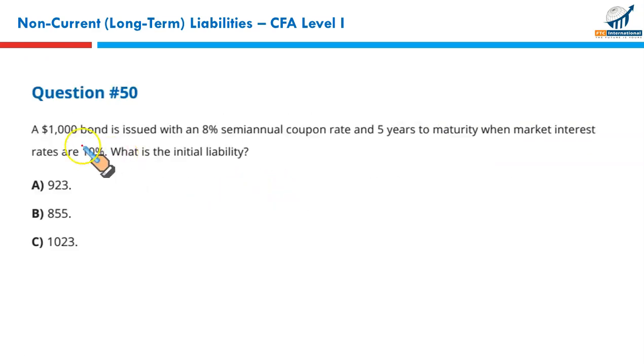Next. A $1,000 bond is issued with an 8% semi-annual coupon rate and 5 years to maturity. When the market interest rate was 10%, what is the initial liability? We have to find the present value of the bond. So face value is 1,000. PMT, interest payment is 8% by 2 times 1,000, that's $40.